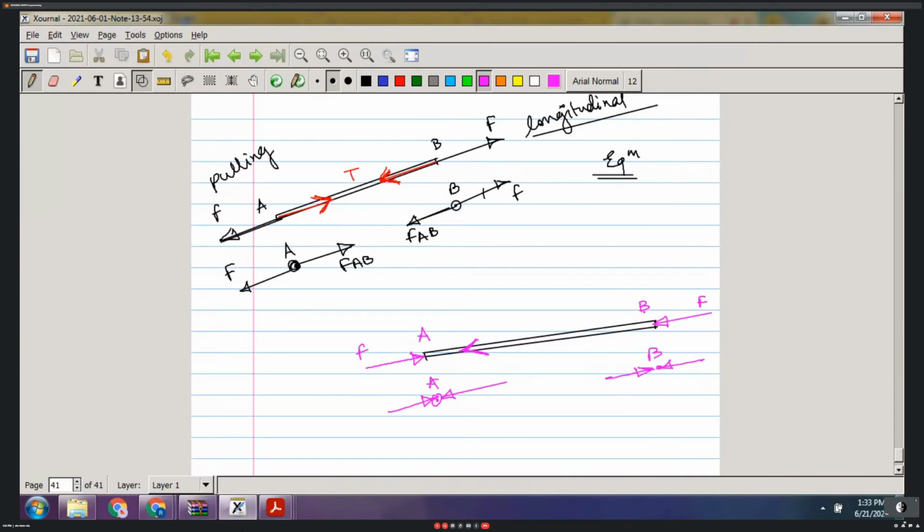Yes, ma'am. Same way, for this pushing force, there must be some balancing force like this inside the member to nullify it and to keep joint B in equilibrium. See the arrows. Arrows are going away from each other. This shows that there is compression in the member.